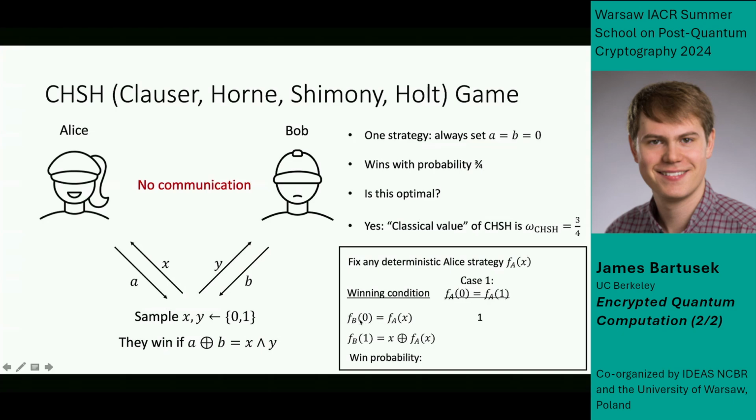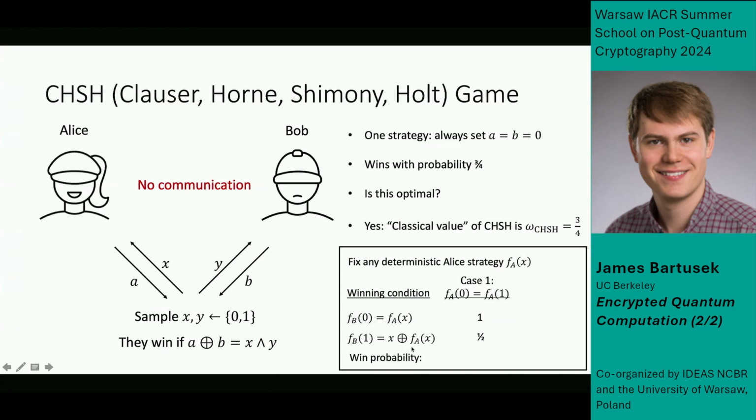In this case, if Bob receives the question 0, we're in good shape, because this bit is always the same, so Bob knows exactly what answer to return, and they win with probability 1.